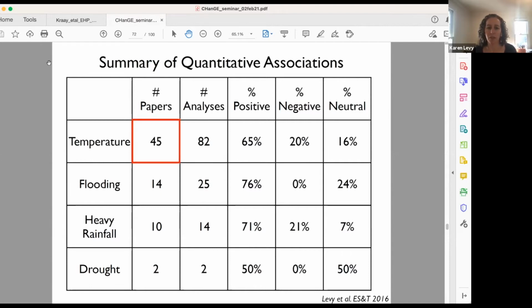The first thing to note is there's a lot more papers on temperature than there are of these other exposures. Across the temperature papers, they're mostly positive associations. So increases in temperature are associated with increases in diarrhea.